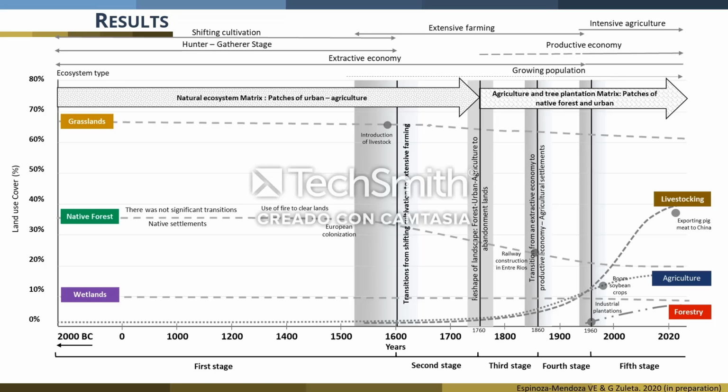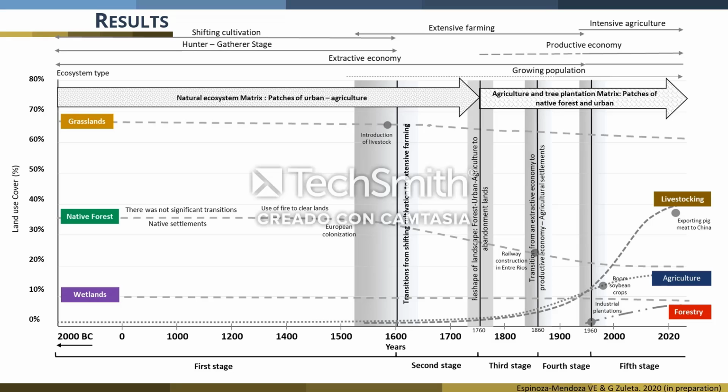This summarizes the drivers, land use transitions, economic activities, and other milestones such as the introduction of livestock, railway construction, industrial plantation, the boom of soybean crops, the start of pork meat exports to China recently this year, and some other transitions in land use and land cover that are present in our study area.